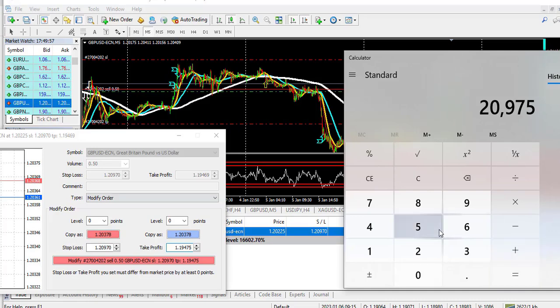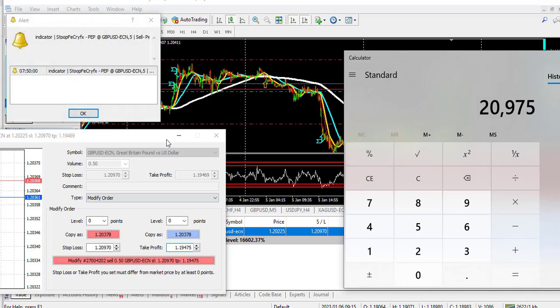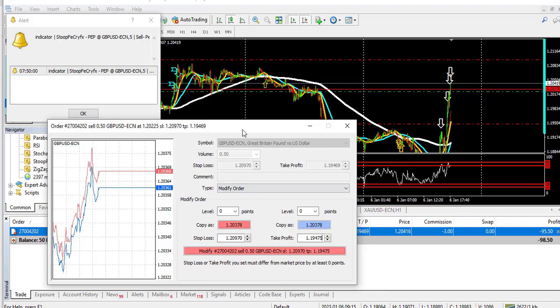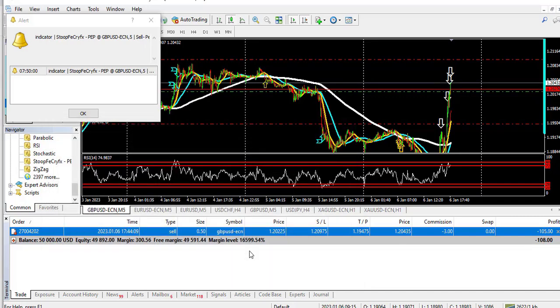That would give me 1.20975. You can see the PEP signal has popped up telling me it's time to sell, perfect time for sell. So I'm going to put this now, 1.20975. Okay guys, this is it.